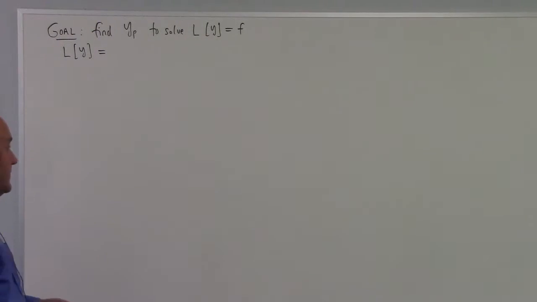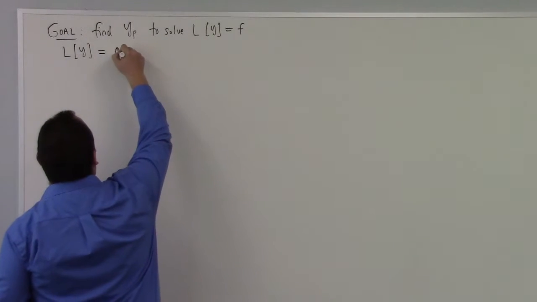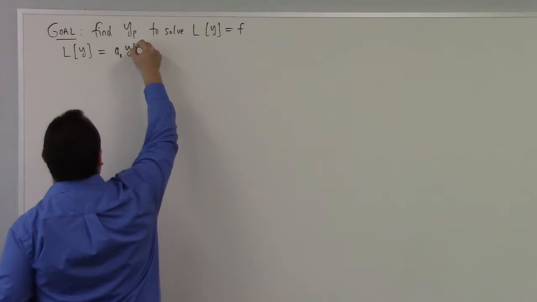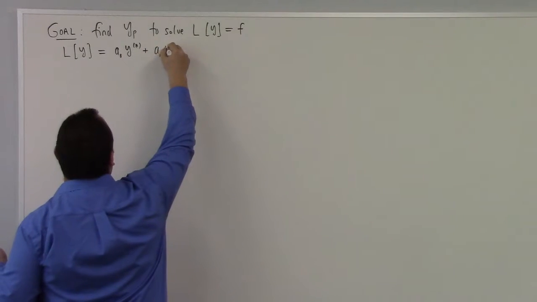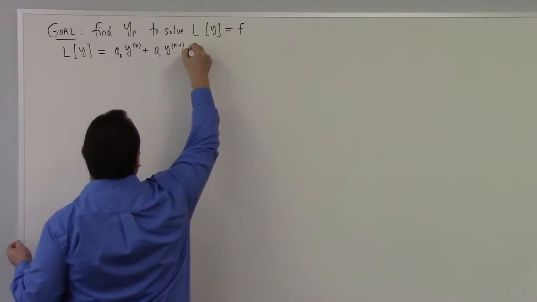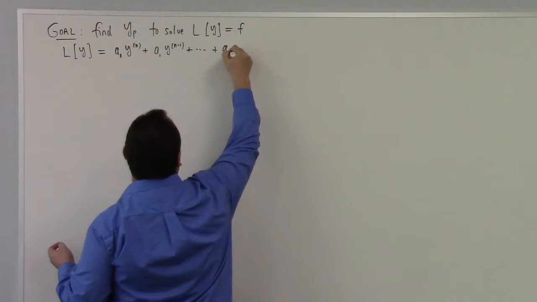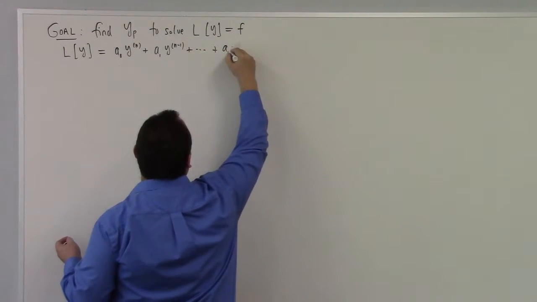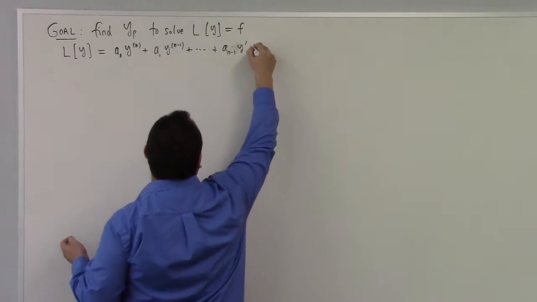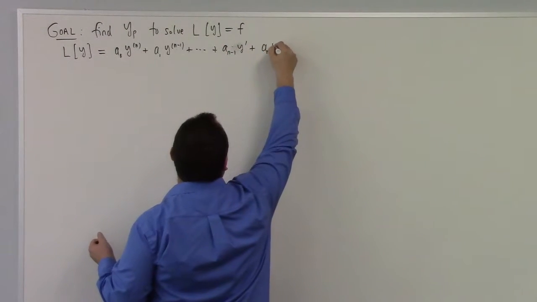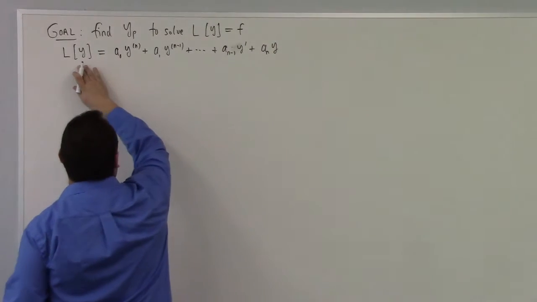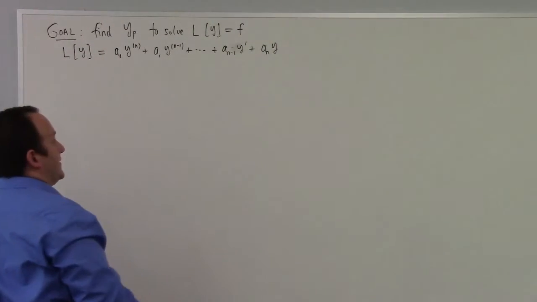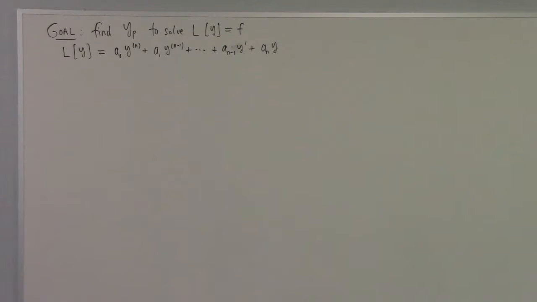So a naught, the nth derivative, a1, the n minus 1th derivative, up to a n minus 1, y prime, plus a n y.